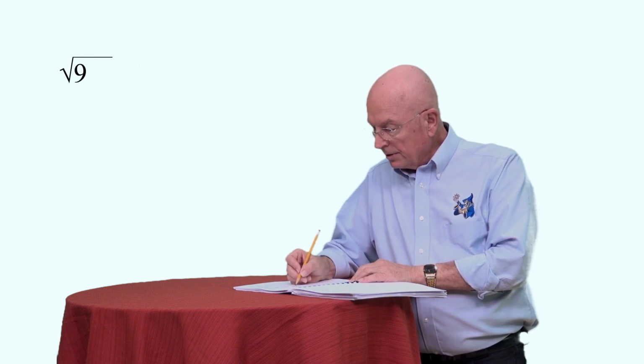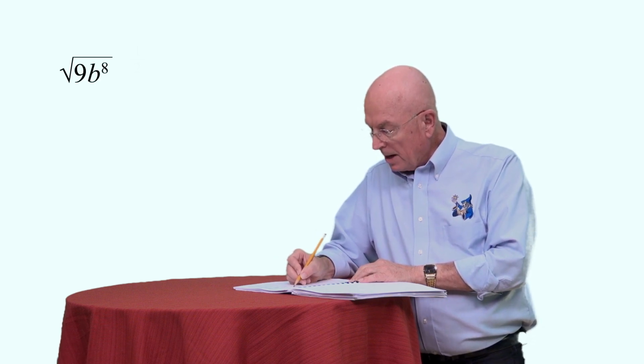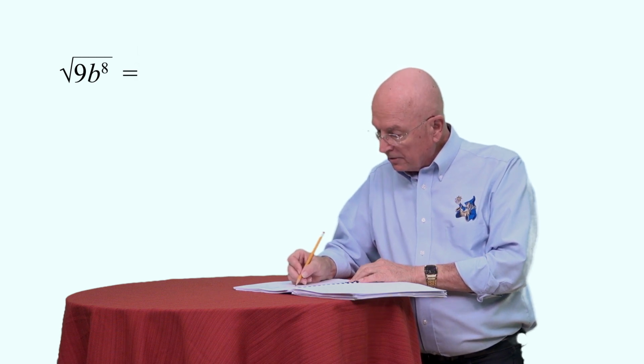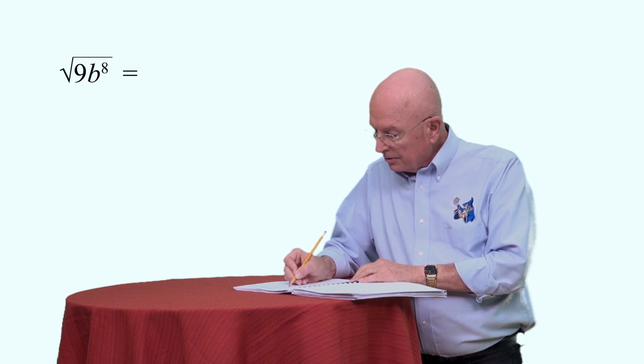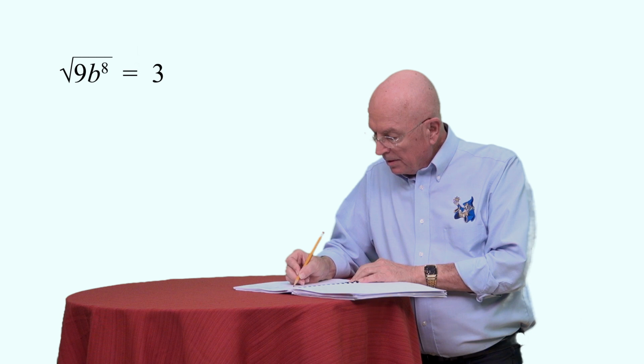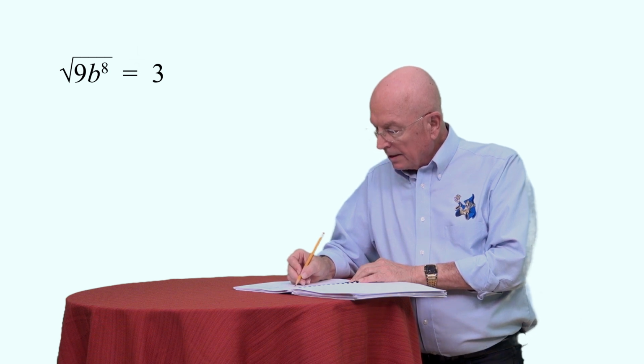Now, what about this next one? Take a look at that. It's radical 9b to the 8th power. So, like before, we can factor out the 9. That's pretty easy. So we'll take the square root of 9 and put 3 on the outside of the radical sign. But what's the square root of b to the 8th?